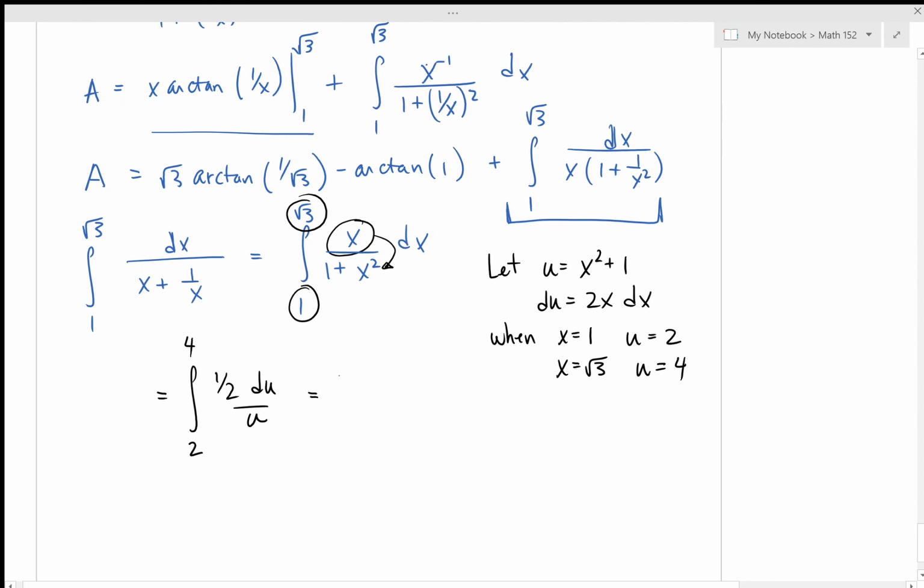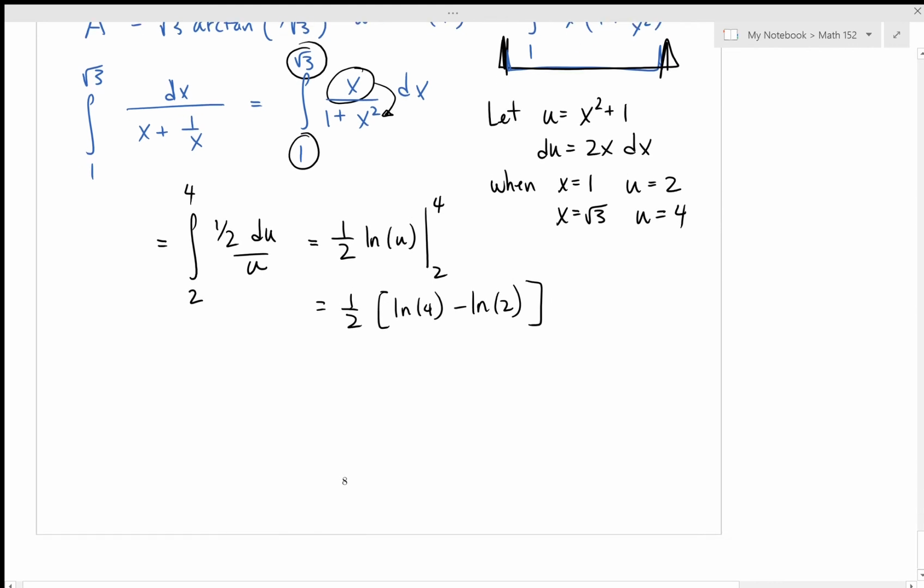This is going to be 1/2 the log of u evaluated at 2 and 4. And then when I do that, I get 1/2 times log 4 minus log 2.